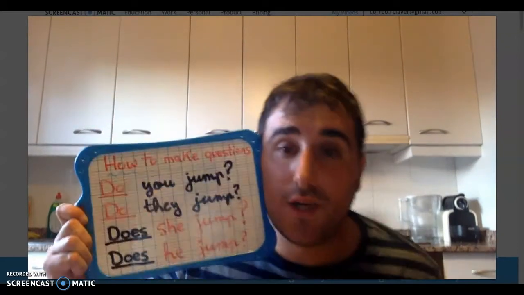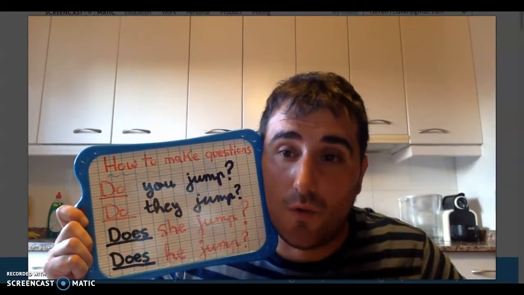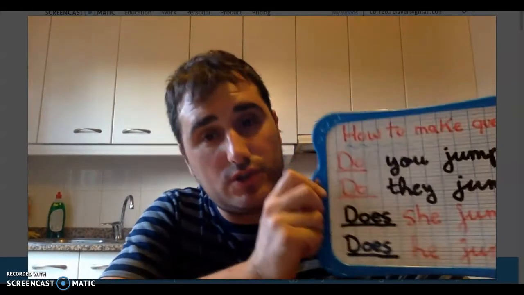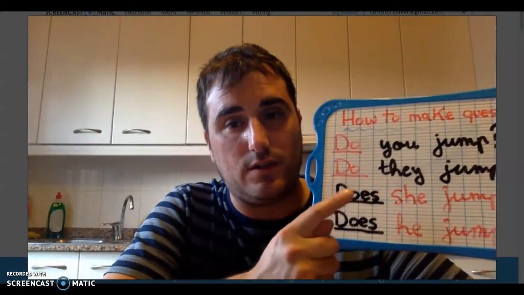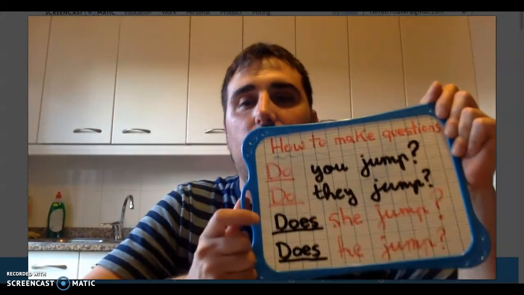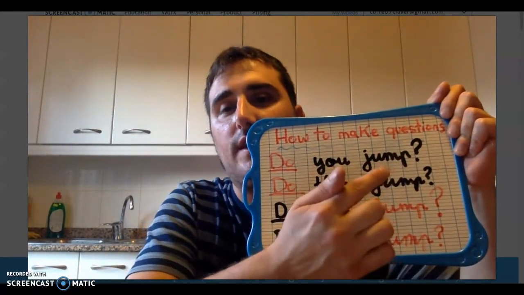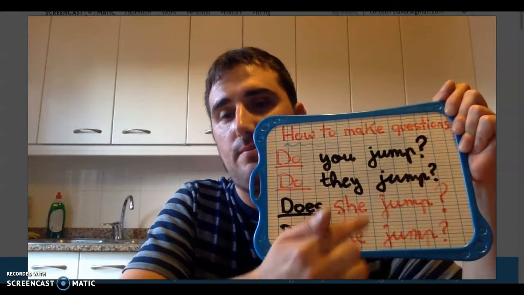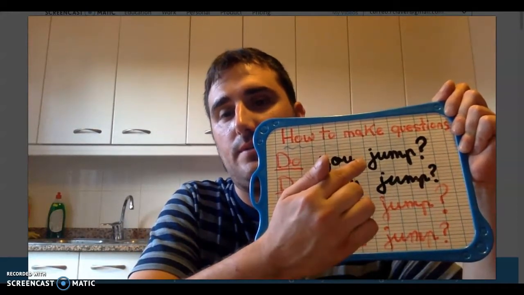But if we are talking about one girl, Agnes, or one boy, Fede, we should use does instead of do. You see, they are the other way. The verb here, as with the negatives, stays the same. It's jump, jump, jump, and jump.